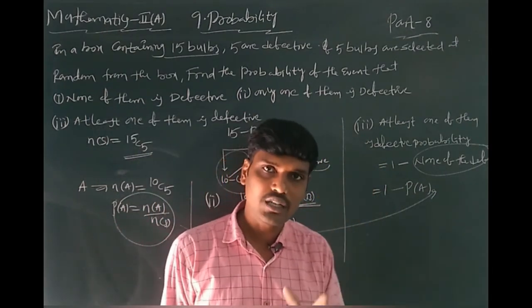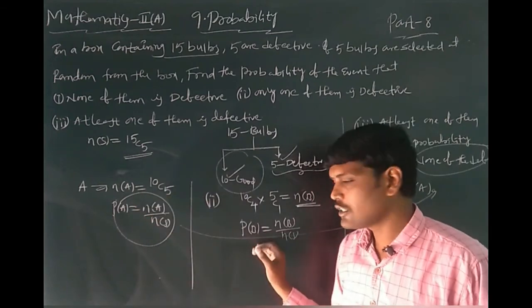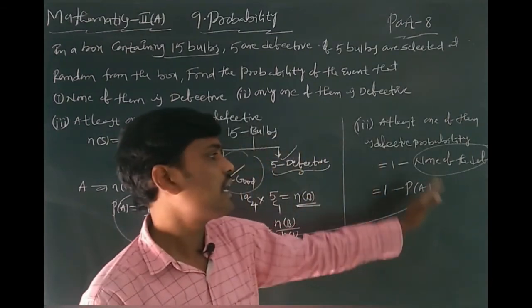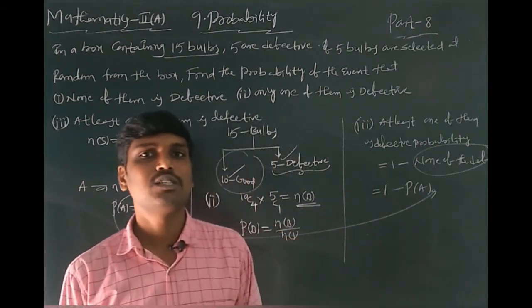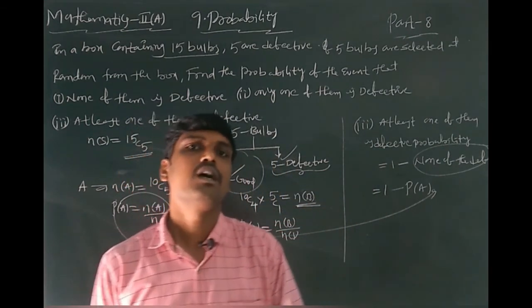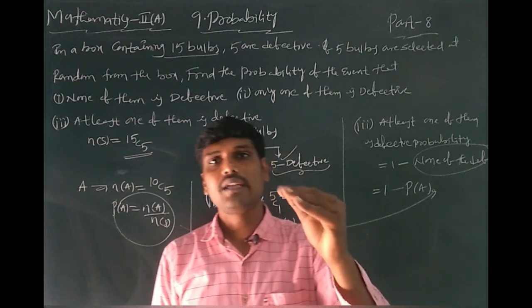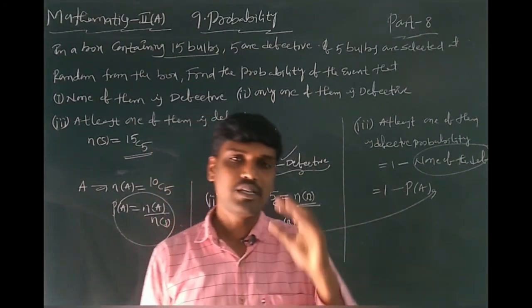Understood, friends? This is P of A, this is P of B, and the last one you can write as 1 minus P of A. Some hint is given in this problem, you can use that hint. You can clearly write the total answer like the previous problem.